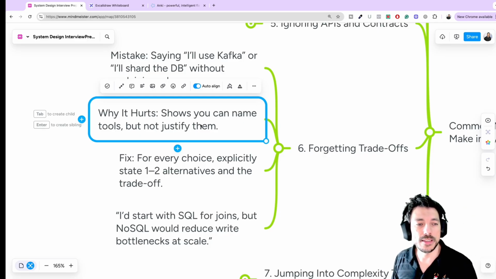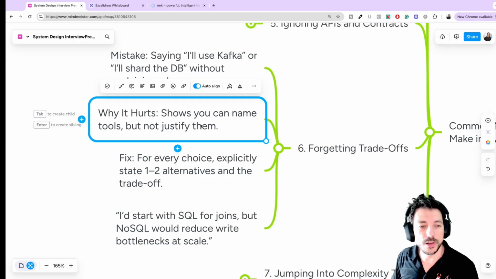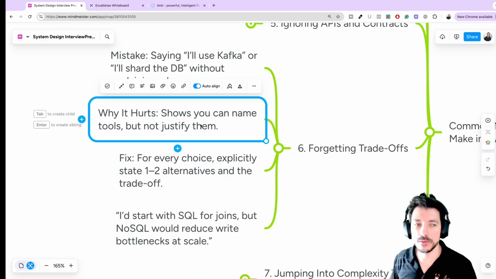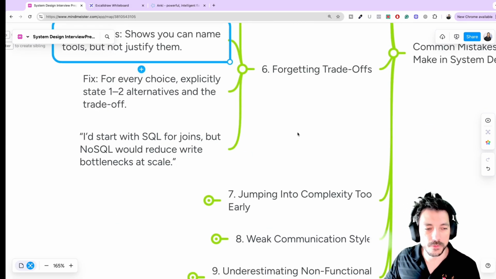The fix is, in every choice, you explicitly state one or two alternatives and the trade-off. And if you don't know any alternative, it's okay. At least explain why you chose this option, right? For example, you could say, I'll start with SQL for joins, but NoSQL would reduce write bottlenecks at scale, right?